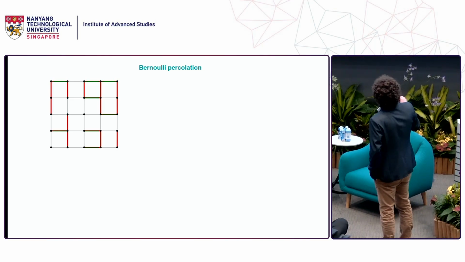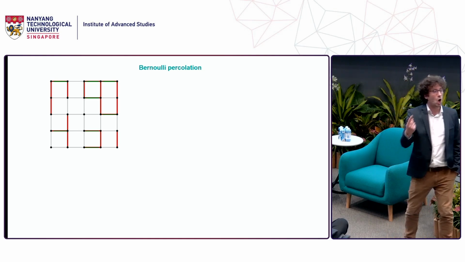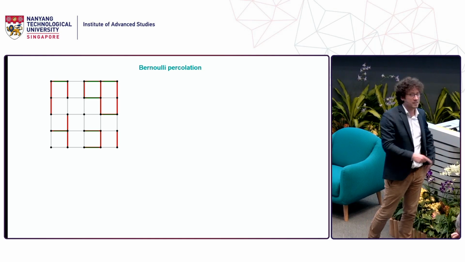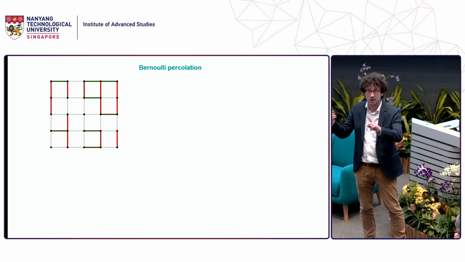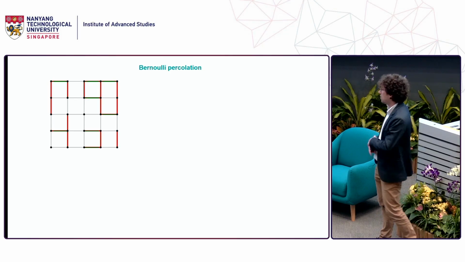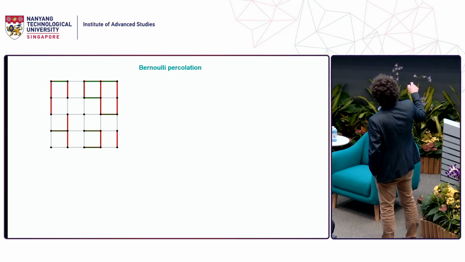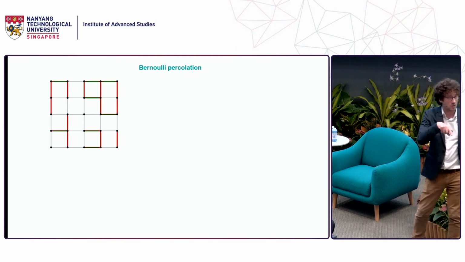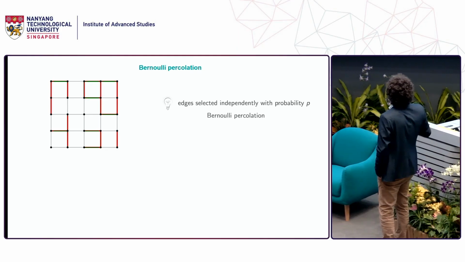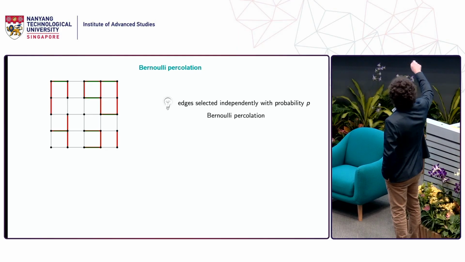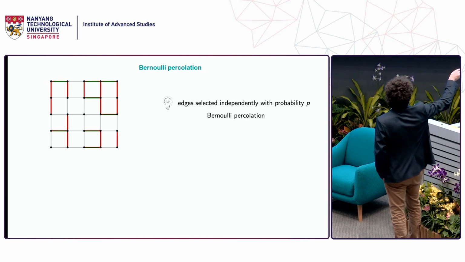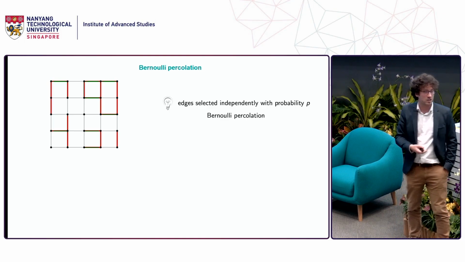And you could decide that you are going to pick a random subgraph of this graph, exactly like we were randomly coloring the faces of the hexagons in the previous model. Here you could choose to randomly color the edges of the graph. You would say for each edge, I color it red with probability p and gray with probability 1 minus p.